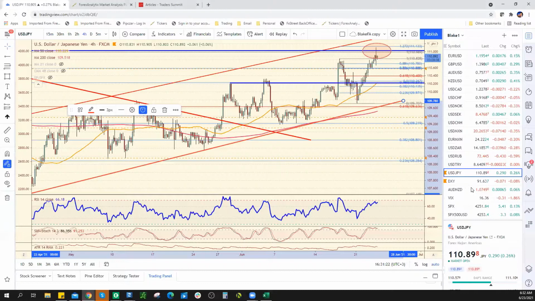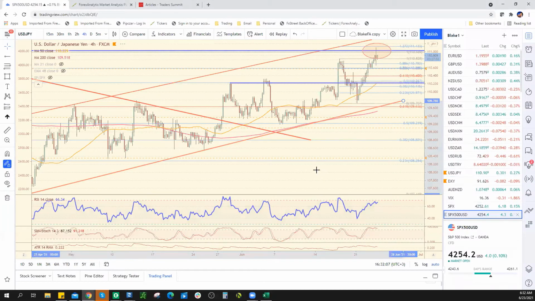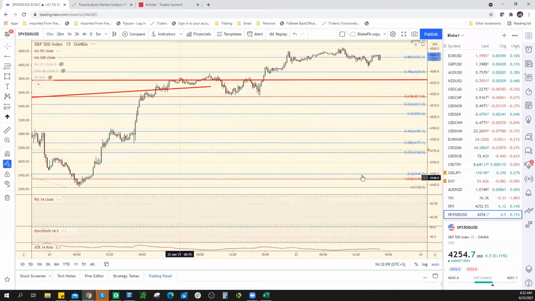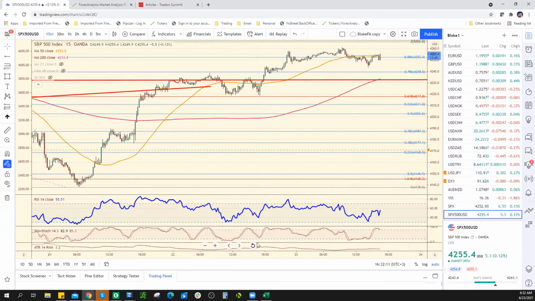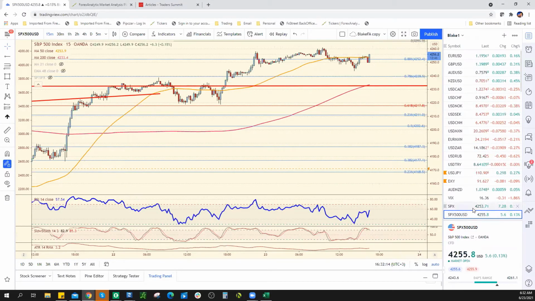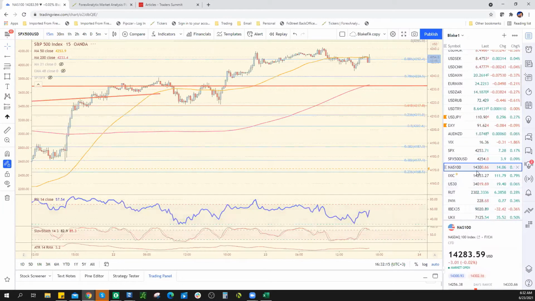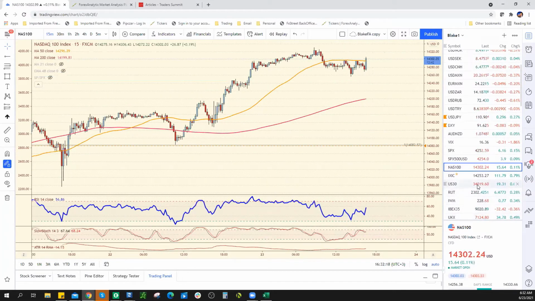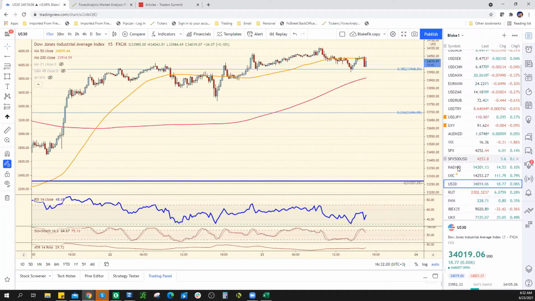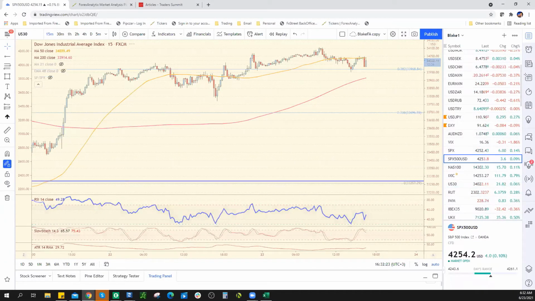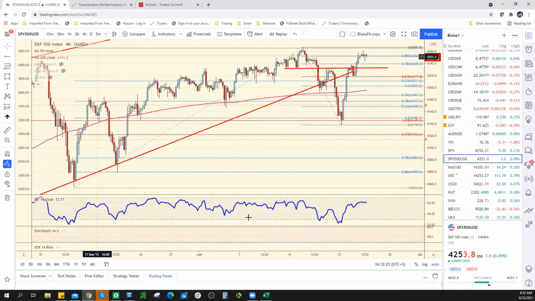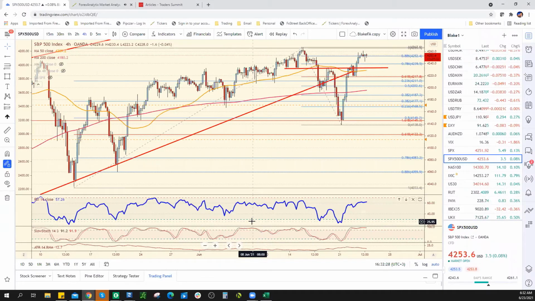Okay. Let's see what stocks are doing. I'm assuming since we just opened, they ripped higher, which they did. Look at the S&P. There's the NASDAQ. There's the Dow. Nice right at the open. Let's go to the S&P. This market is so ridiculous. I'm pretty much fed up with the market at this point.